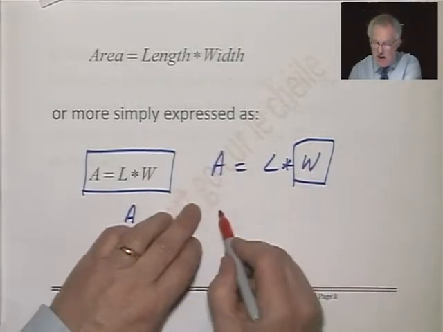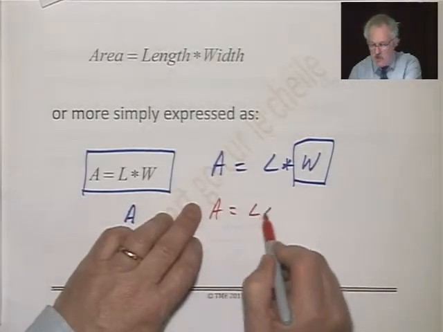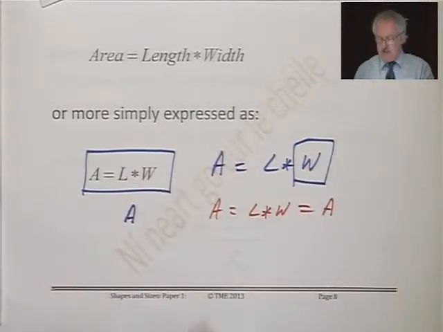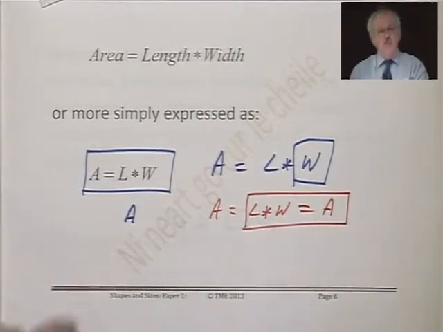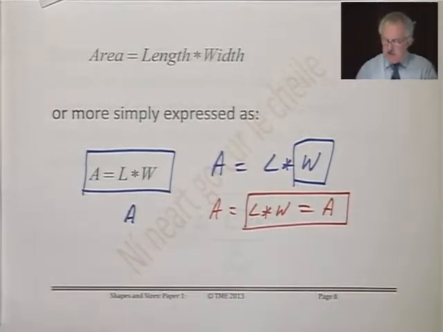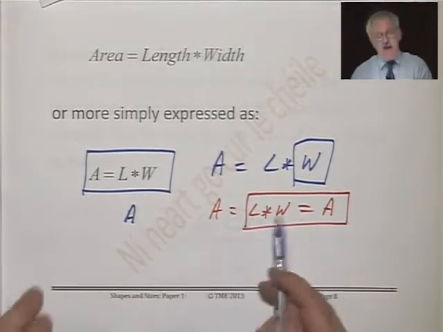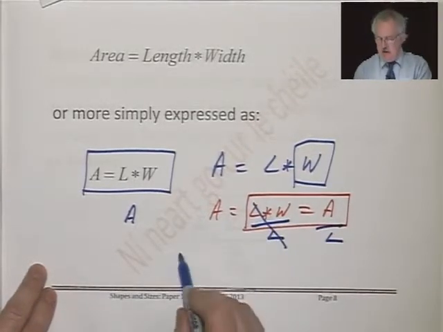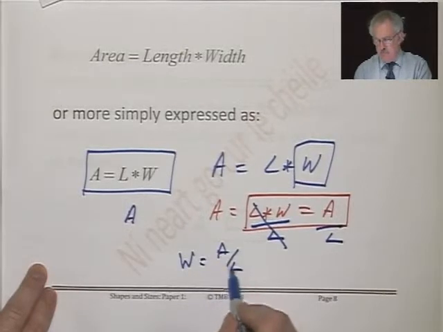So I could just swap them around and say L by W is equal to A. I just put the A on the other side again. But if I'm just interested in the W, well, I'm multiplying by L here. So if I divided that by L, they'd cancel, and I get W is A over L.